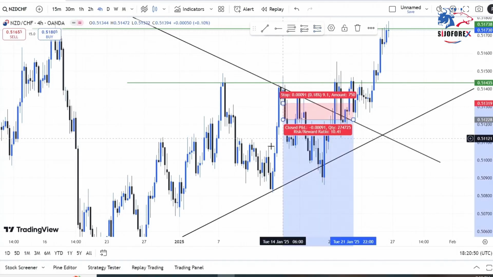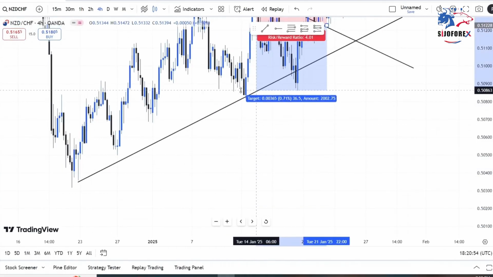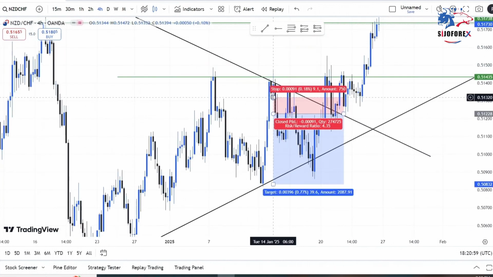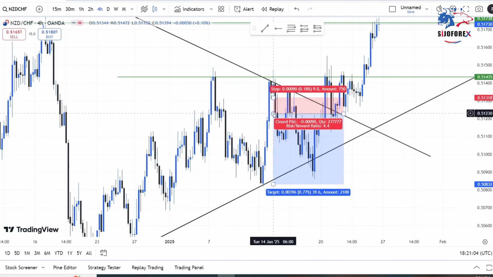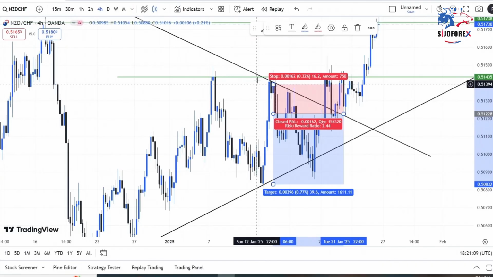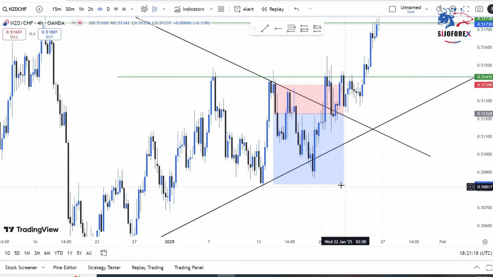Enter from here, with your take profit somewhere here and your stop loss beneath this strong confirmation candle. This is another support area, and of course this is a double top, so it adds to your confidence to take the trade.